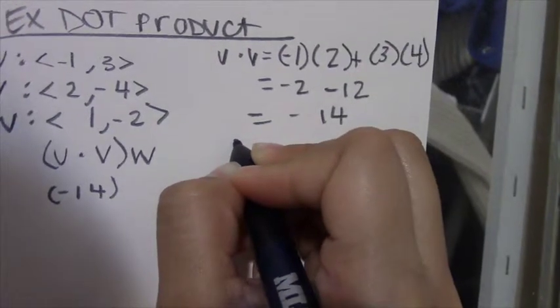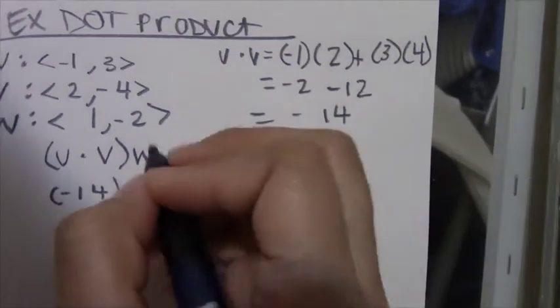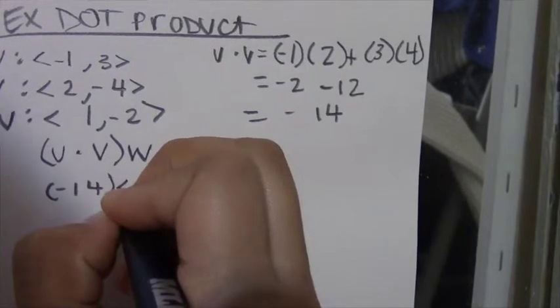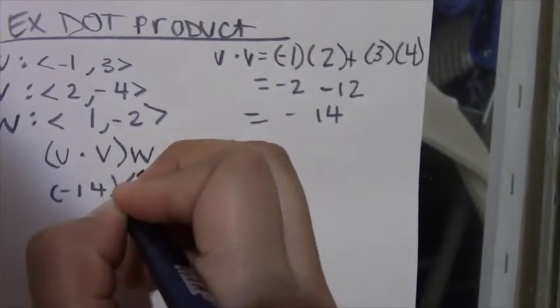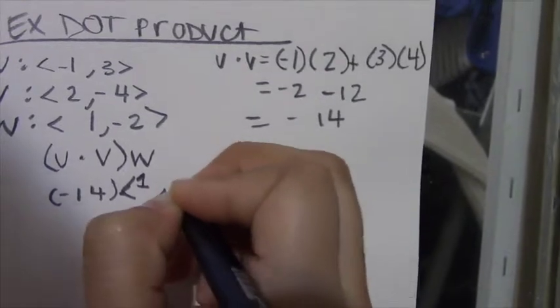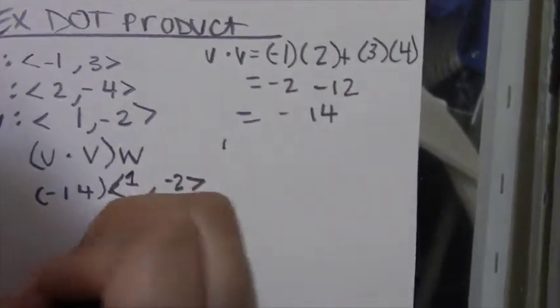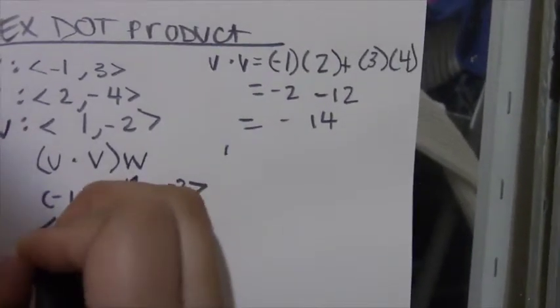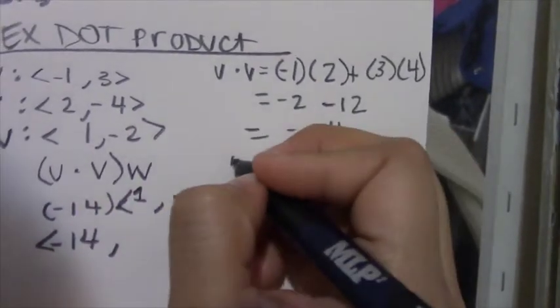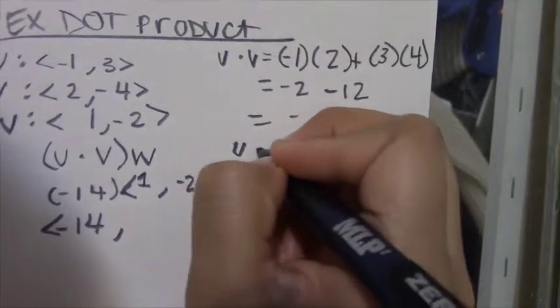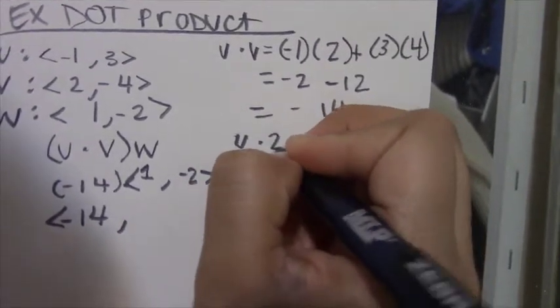You have to find our W, which will be, obviously, 1, negative 2. But that can't be the answer, so we have to put the 14 here and use our other property, U times 2V.